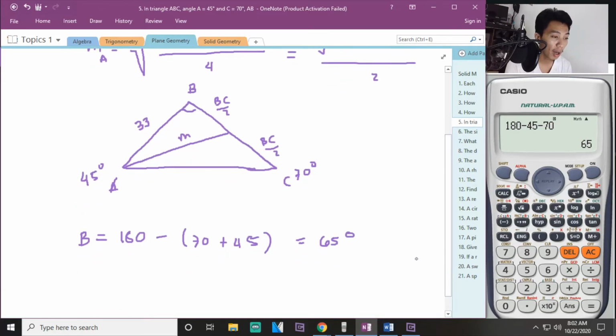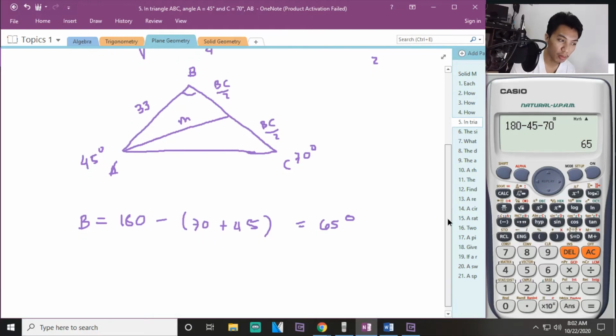Ngayon, makakapag ano ba ako dito? Meron akong 33, meron akong 65. Kailangan alamin muna natin yung mga angles nila. Pero pagdating dito, pwede ko nang alamin ito. Meron akong 45, meron akong 70, meron akong 33. So, this will be sine law muna.